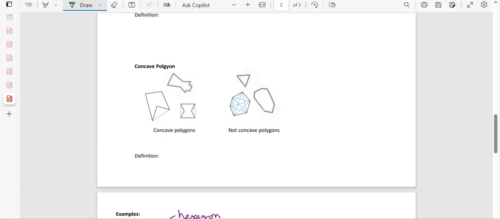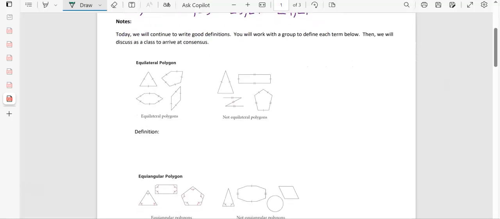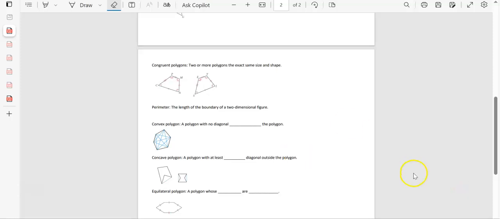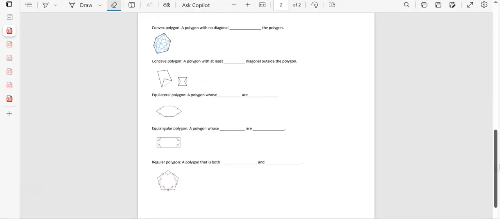These are part of your definition sheet, but if you notice, I haven't fully filled them in. What I would actually like you to do here is try to see if you can come up with your own definition. And here's the nice thing, I've kind of given you part of the definition to start with.